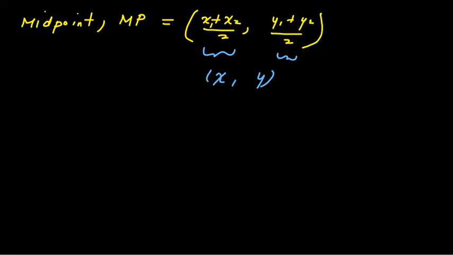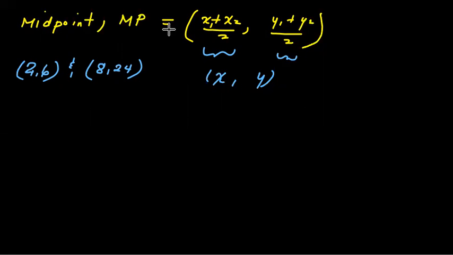Now let's try to recall what it is that we were working on just now. We were working on 2, 6. This is the line segment joined by these 2 points, 8 and 24. So we want to find the midpoint. We already found the distance. Let's find the midpoint.